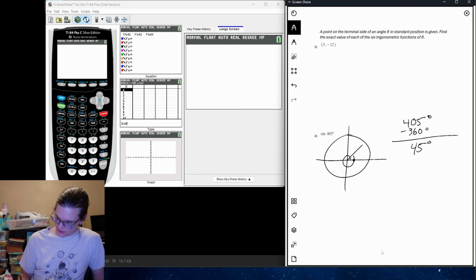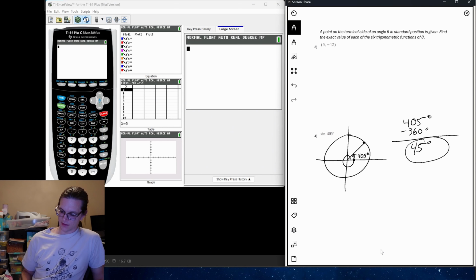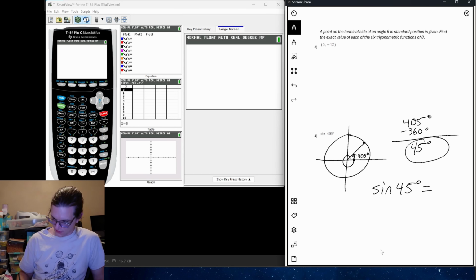So this whole rotation around is going to go here. This is 405 degrees. Same trick, 45 degrees. We use our reference angle, sine of 45 degrees equals, and then you choose your method of figuring that out, but you should know by now that it's root 2 over 2, root 2 over 2 for the coordinates, x, y.